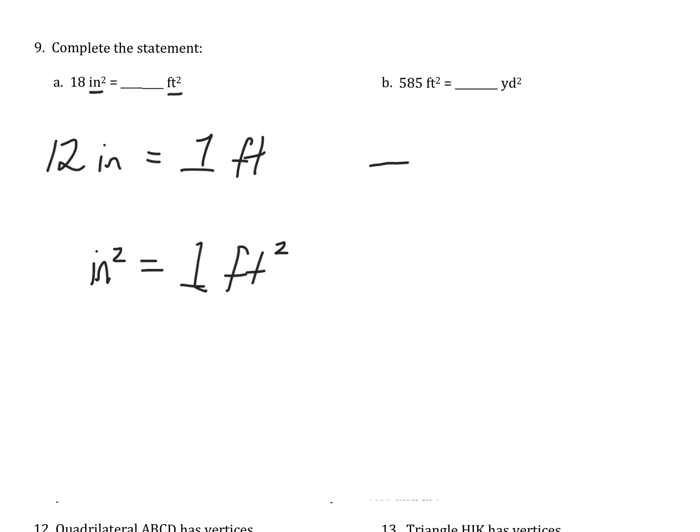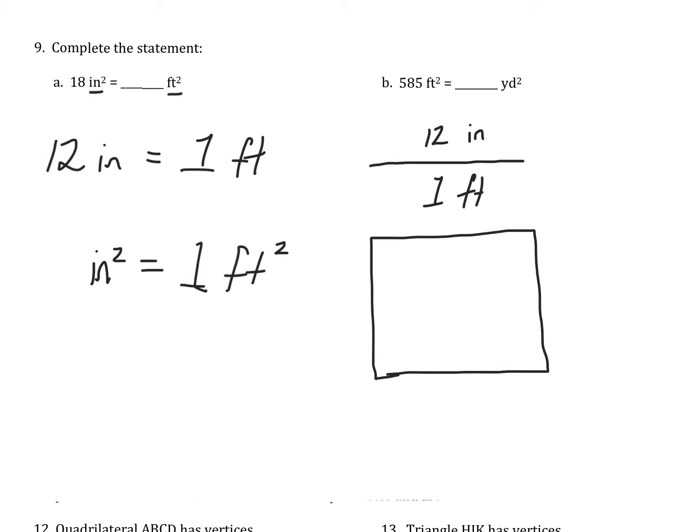So as I said, if we have 1 foot, let's say this is 1 foot right here, it's the same as 12 inches, right? Now all of a sudden when I go to square this, I'm thinking, all right, so if I have this square that is 1 foot by 1 foot, how many inches would be inside here?